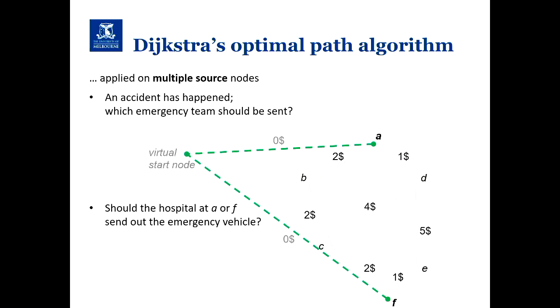But I'm running the algorithm only once. The point is that I don't have to run the algorithm for all of my hospitals. I will connect the virtual starting point with all of the hospitals I want, and then run it from that starting point. But because the connection to all of the hospitals costs me zero, they all are the cheapest neighbor, so they will all be included in the first round of the algorithm, but not in the next step.